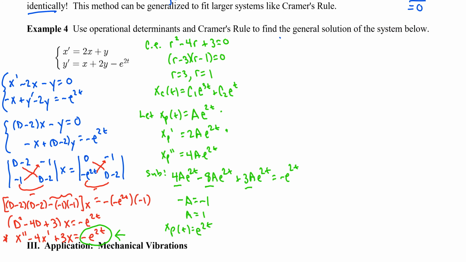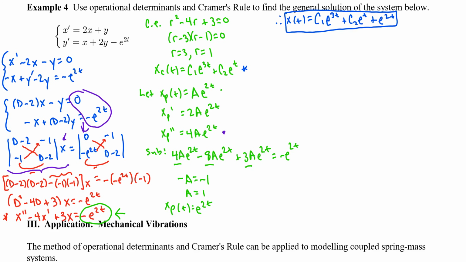We can say x of t equals the characteristic part, c sub 1 e^(3t) plus c sub 2 e^t, plus the particular part, we found out A is equal to 1, so plus e^(2t). Okay, we are halfway there.